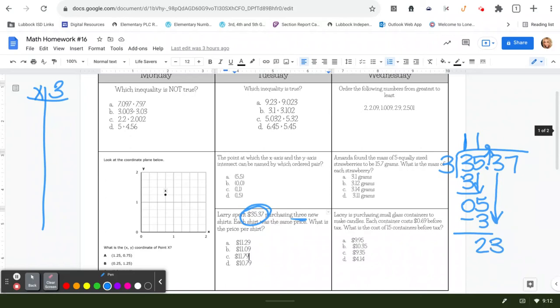How many times could we get our money now? 7 times. That's $21 we're going to take from the bank, which leaves $2 in the bank. Bring down our 7. What times 3 gives me 27? 9. And here's where you would empty your bank, for an answer of C.